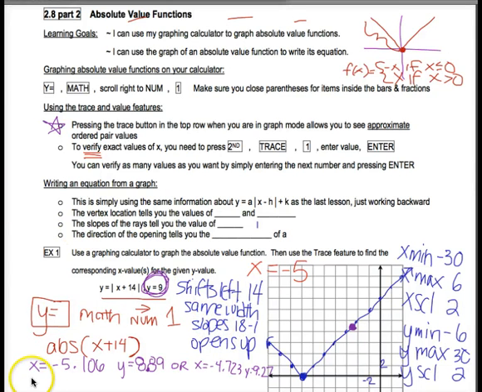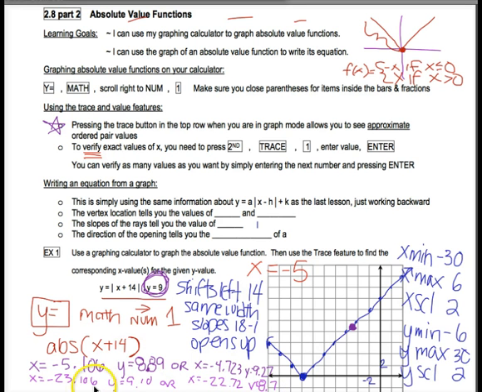So when you were doing that, if you were a little to the left, you would have maybe something like x equals negative 23.106, y equals 9.10. If you were just to the right of it, you might have x equals negative 22.72, where y equals 8.7.